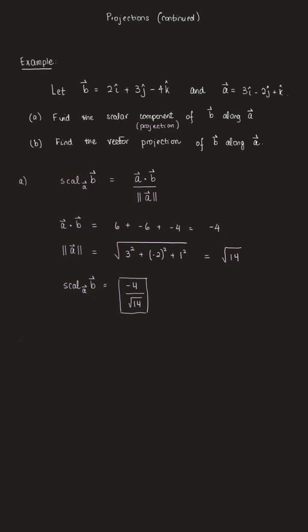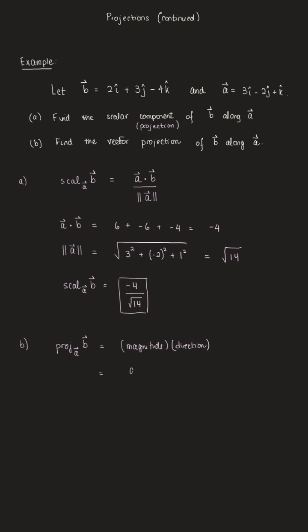Now, for part B, we want the vector projection of b onto a. And so recall that the vector projection is just going to be the scalar projection that we've already obtained, because we can always write a vector by its magnitude times its direction. I'll remind you of the formula in a second, but the magnitude is what we already obtained.